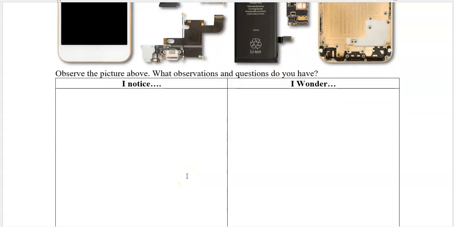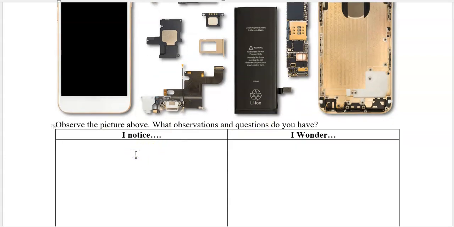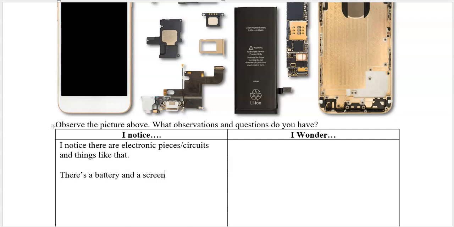All right, you pair shared, you discussed as a whole class. So what are some things you might have noticed? Well, I notice there are electronic pieces, circuits and things like that. There's a battery and a screen.